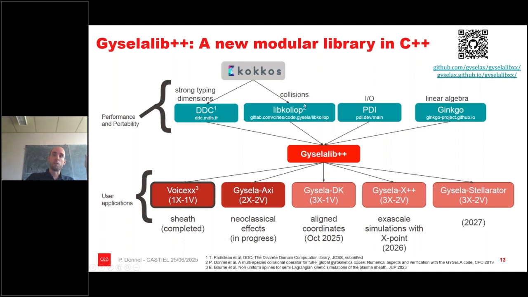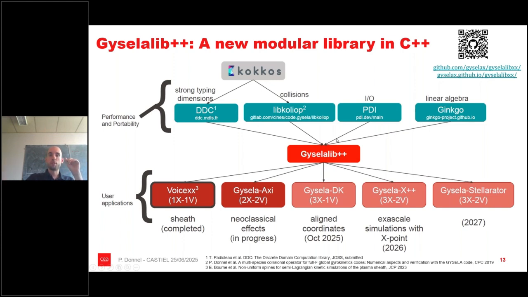And we also translated into C++ some modules that were developed only for the Fortran version, and that's the case for the collision operator. And in all of this, we use Kokkos natively.